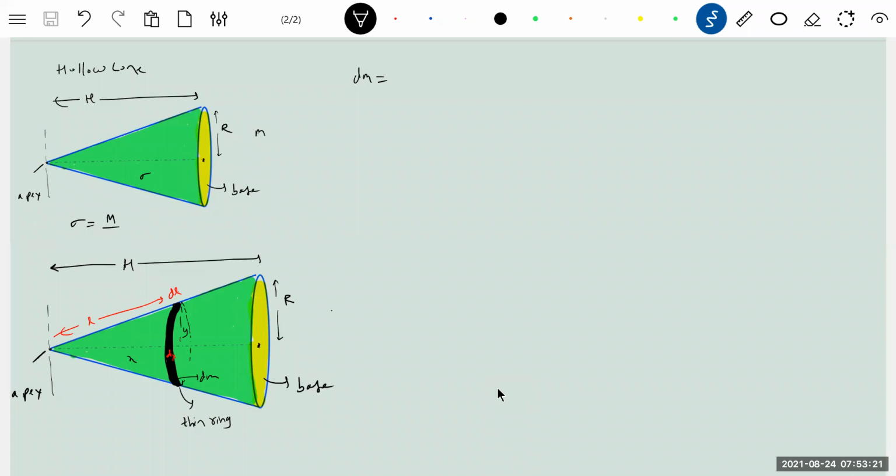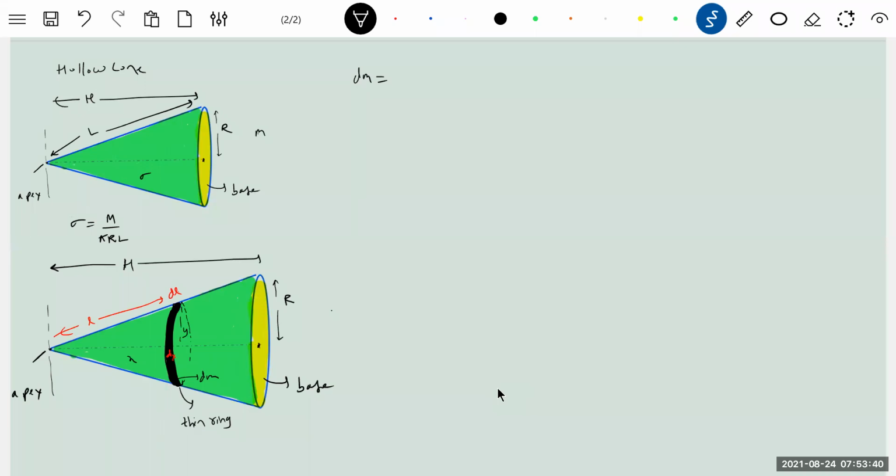Pi RL. What is L? L is the slant length of the cone. Height of the cone is different, slant length of the cone is different.